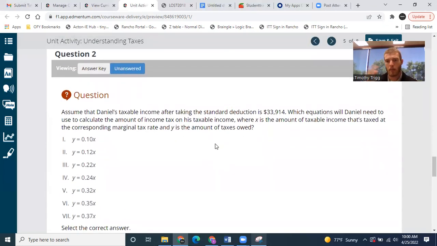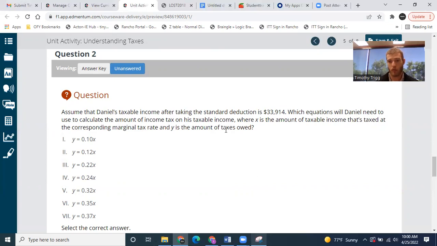Let's go and look back at what Daniel had. Remember, assume that Daniel's taxable income after taking the standard deduction is $33,914. So this is his taxable income. Which equations will Daniel need to use to calculate the amount of income tax on his taxable income, where X is the amount of taxable income that's taxed at the corresponding marginal tax rate, and Y is the amount of taxes owed?